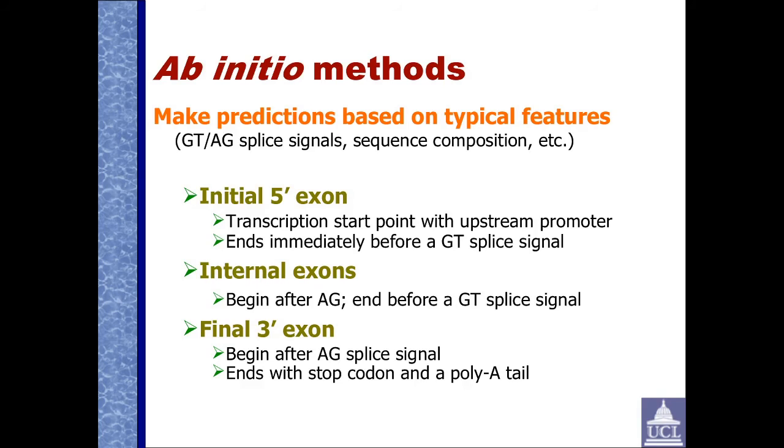For example, the initial 5' exon will have a transcription start point with an upstream promoter, and it will end immediately before a GT splice signal. Internal exons will begin after AG and end before a GT splice signal, whereas the final exon will begin after an AG splice signal and will end with a stop codon and a signal for adding a poly-A tail.